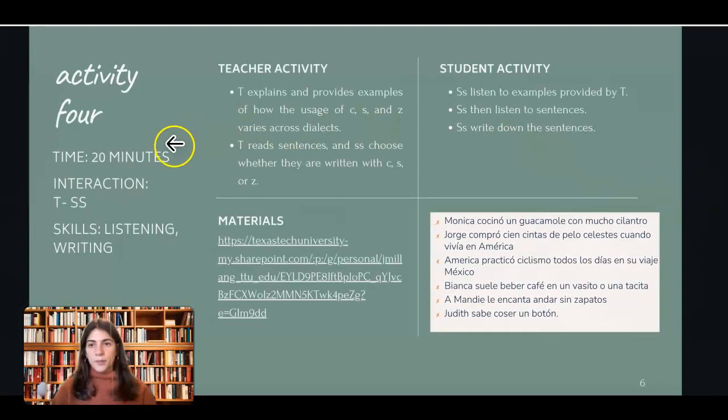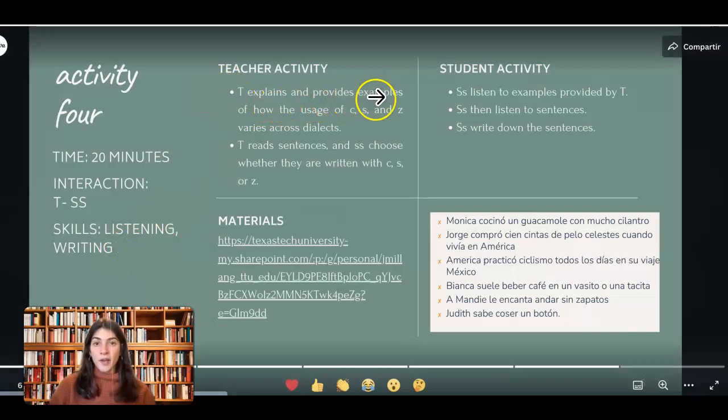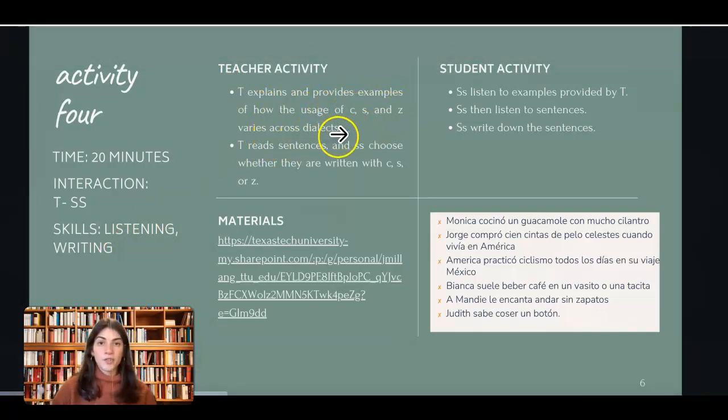So activity 4 will take 20 minutes as well, and the main interaction will be teacher-students. They will practice listening and writing. So the teacher will explain and provide examples of how the usage of these 3 letters varies across dialects, because these letters are a bit tricky in Spanish, in the sense that for all the dialects besides the Spanish from Spain, they are pronounced the same.